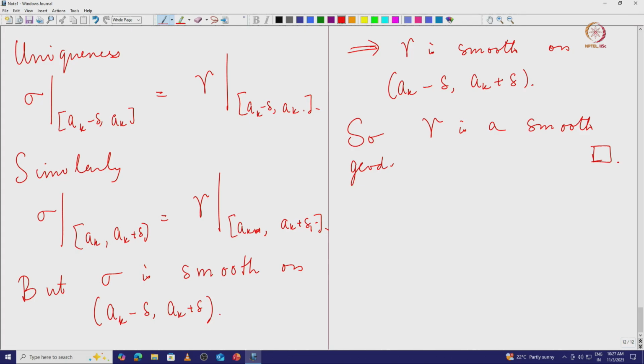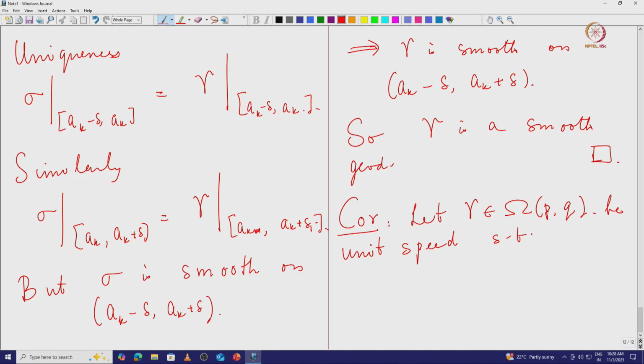Okay, so let me end the lecture with the following corollary, the following consequence: let gamma be unit speed such that if you take the length of gamma, it is a minimizer.